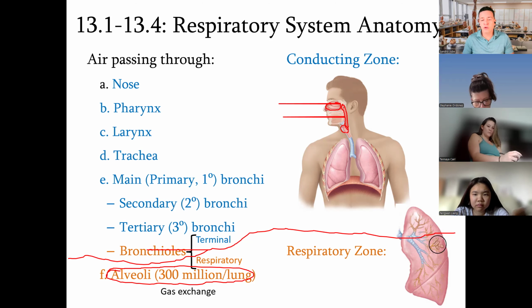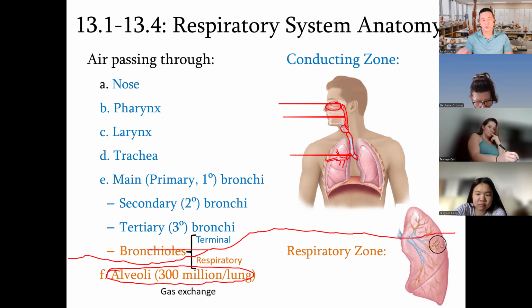We have the trachea right here, also called the windpipe. After the trachea, we're going to find the bronchi, in three different sections: the primary bronchi, the secondary bronchi, and the tertiary bronchi.